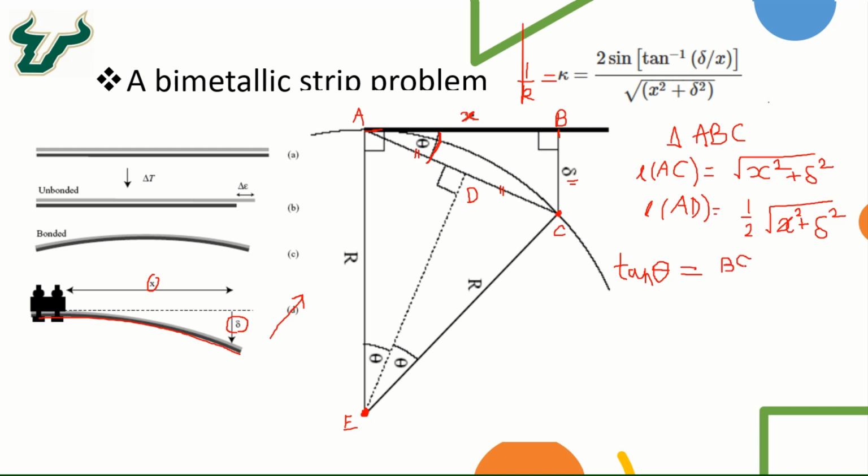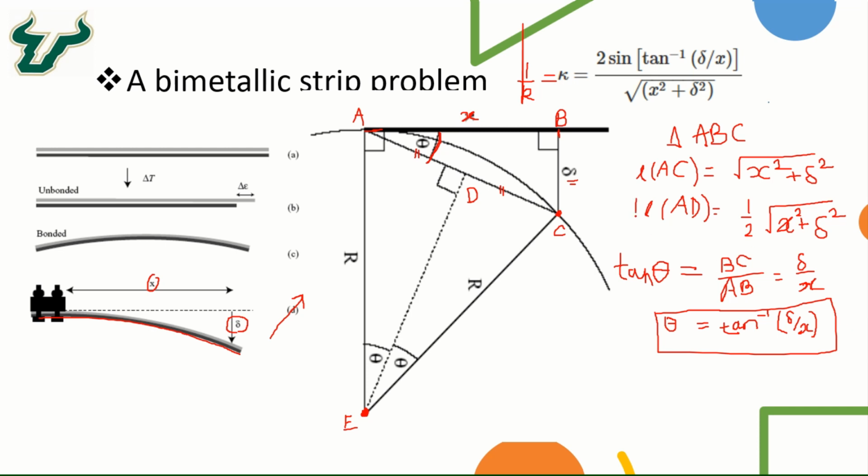So as per the geometry here, BC over AB, and BC is delta and AB is x. Okay, so we can write down theta as equal to tan inverse of delta over x. All right, so very simple mathematical relations you can form based on the simple geometry that we have.